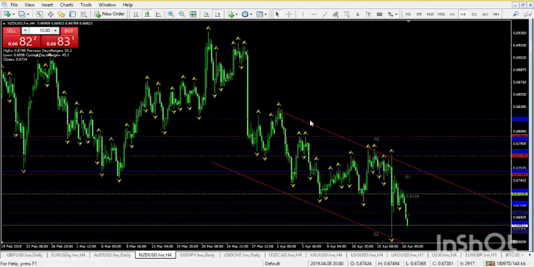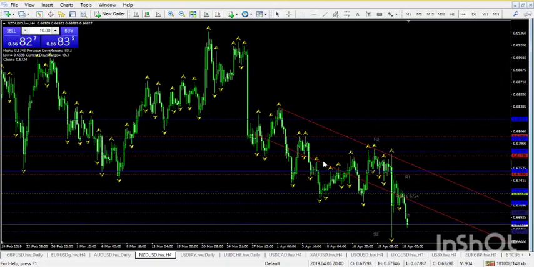So let me adjust it so you can see. So we've had one collision from the top and one from the bottom.